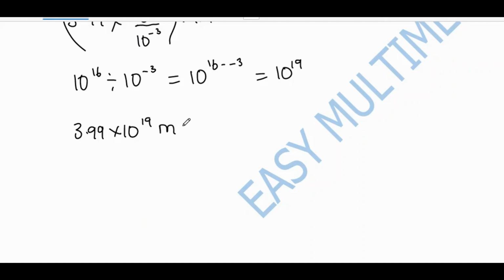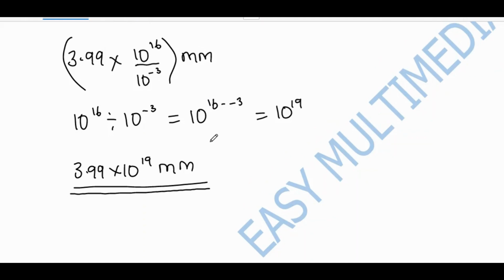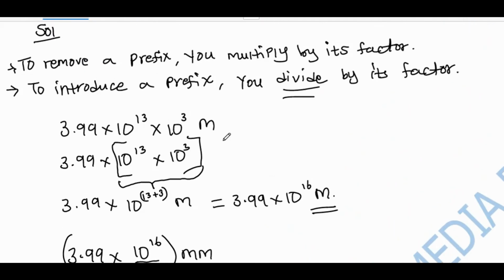We already inserted milli, then the unit was measured in meters. The base unit of the quantity is meters here, as you can see. Now this is the solution, and we just basically remove by multiplying, substituting the symbol with its factor, and the operation we have to carry out is multiplication.